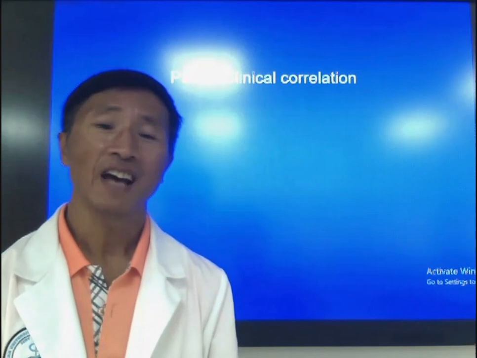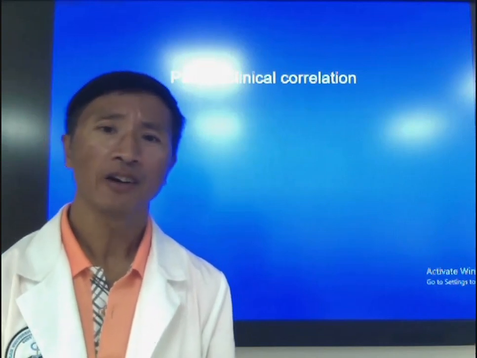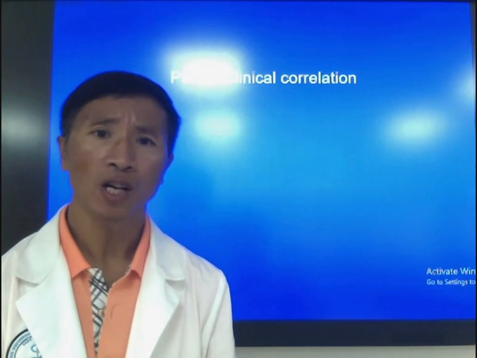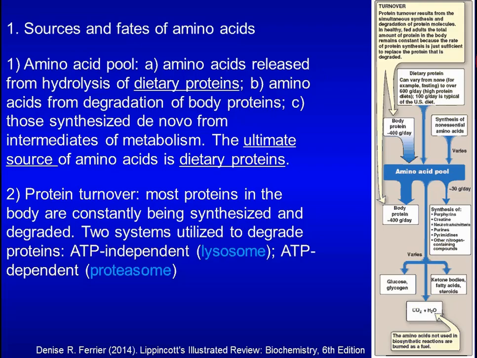Amino acids have a wide range of clinical correlations. Here, I'm going to show you some correlations related to nutrition. First, I need to introduce you 2 terms. One is amino acid pool. It refers to free amino acids available throughout our body.